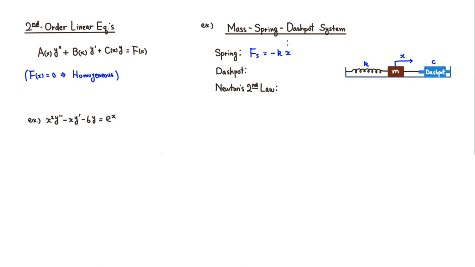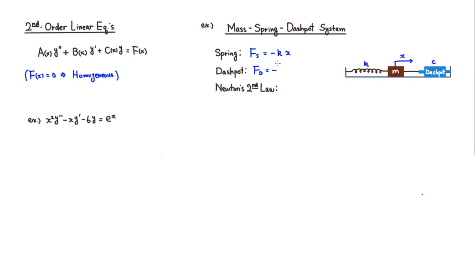And the force from the dashpot, I'm going to call it F sub d. Again, the direction of the force is always opposite of the motion, so it's a negative sign. And the force is proportional to its velocity. The faster you try to move it, the more force it's going to exert against it.